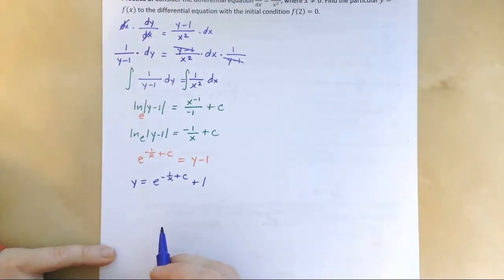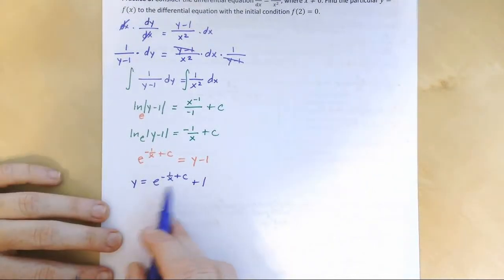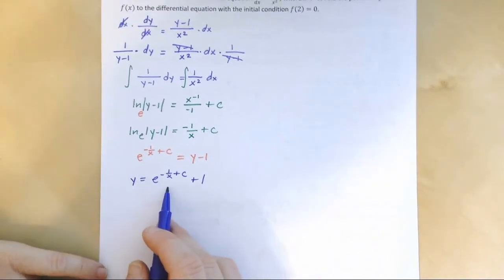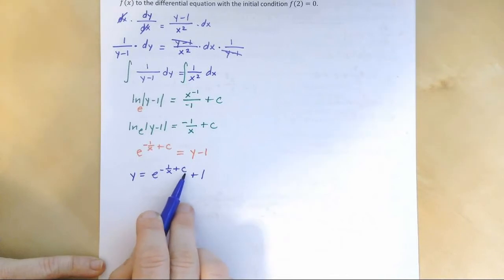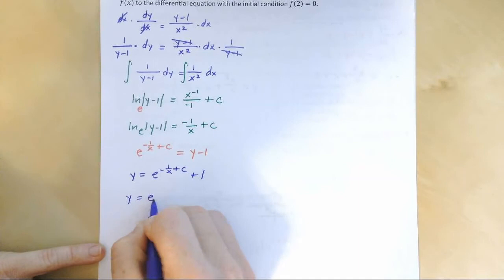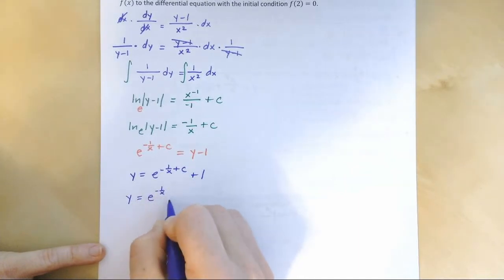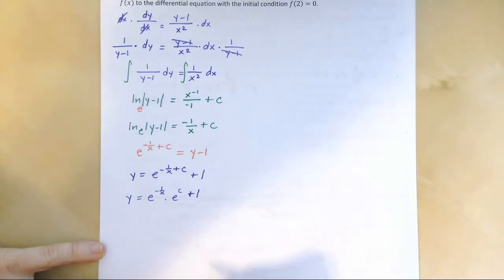Okay, anytime you have e to an exponent, and one of the exponents is c, what I really want you to do is split it. You have to split it. So this is the same as y equals e to the negative 1 over x times e to the c, plus 1.